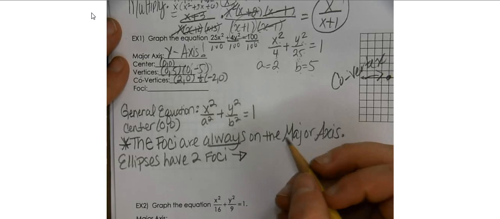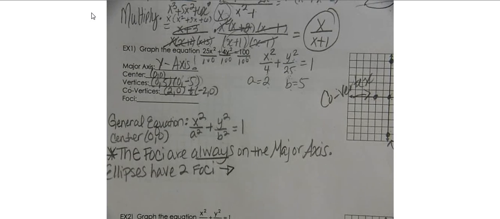What foci are is 2 points for which, if you were to take the distance that any point on the ellipse is from the two foci and add those distances together, you're going to end up with a constant value.